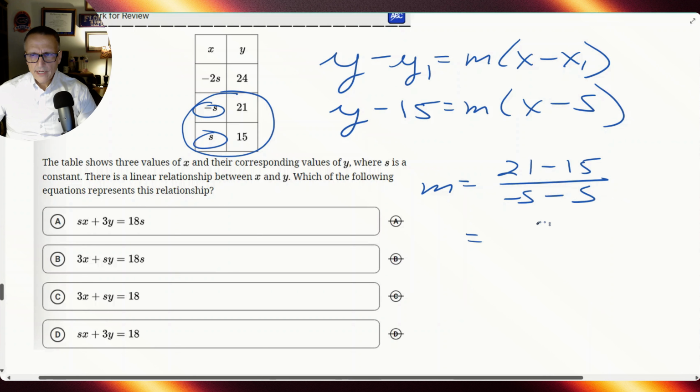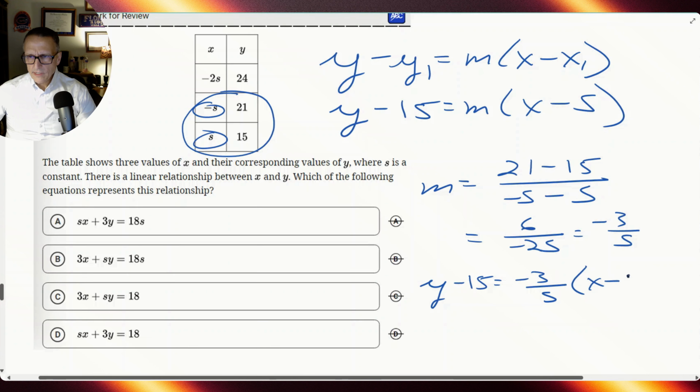So this gives me a slope of 21 minus 15, which is 6, over negative 2s. So it looks like this is going to be a slope of negative 3 over s. Well, what am I going to do? I'm going to go ahead and put that in for the m right here. So I get y minus 15 is equal to negative 3 over s times x minus s.